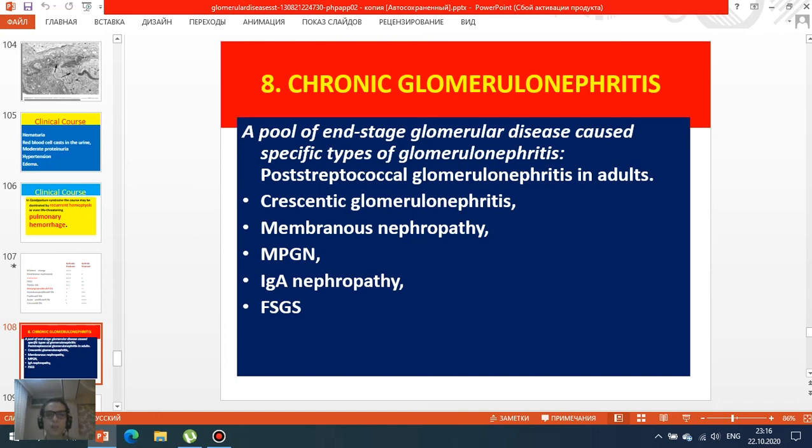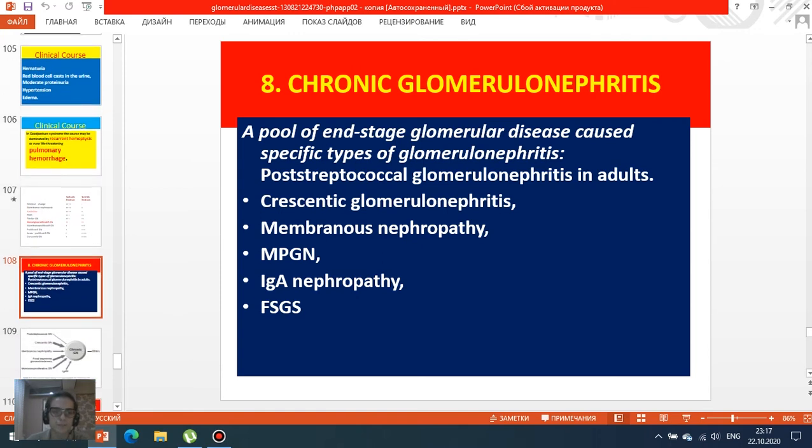Chronic glomerulonephritis is a pool of end-stage glomerular disease caused by specific types of glomerulonephritis: post-streptococcal glomerulonephritis in adults, crescentic glomerulonephritis, membranous nephropathy, mesangial proliferative glomerulonephritis, IgA nephropathy, and focal segmental glomerulosclerosis.